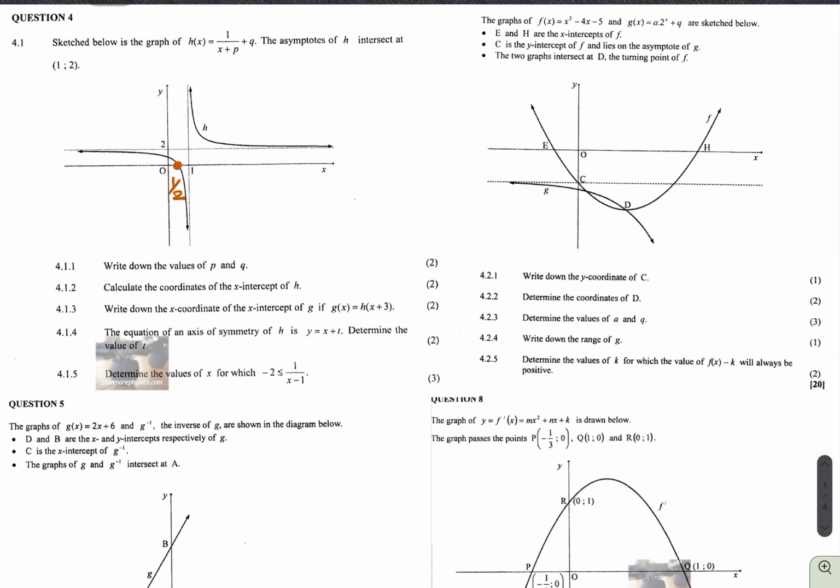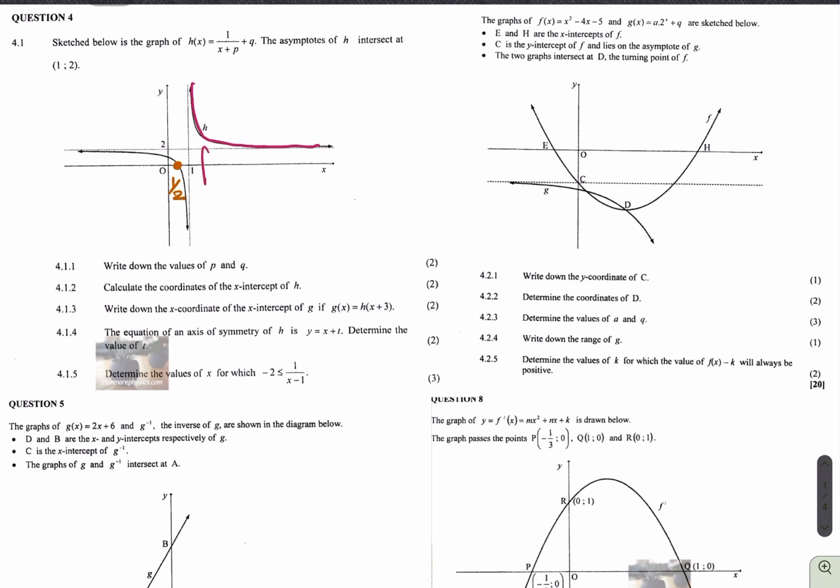But check something here. This region here is also above 0, which means above the x-axis. So that means it's positive. So when x is bigger than 1, this graph is going to be forever positive, and also when it's less than or equal to half.